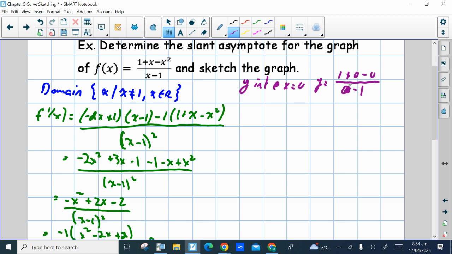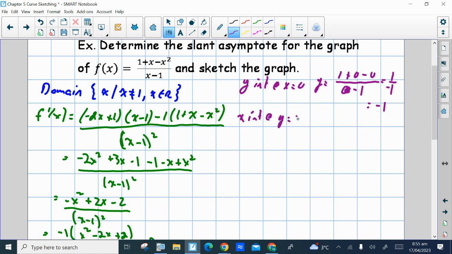So you're going to get 1 over negative 1, which is negative 1. So that's our y-intercept.